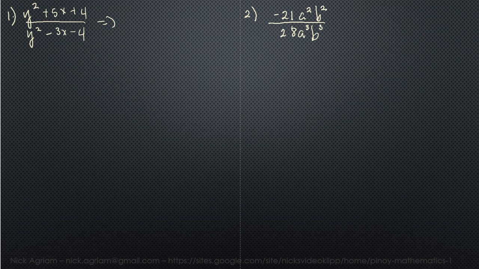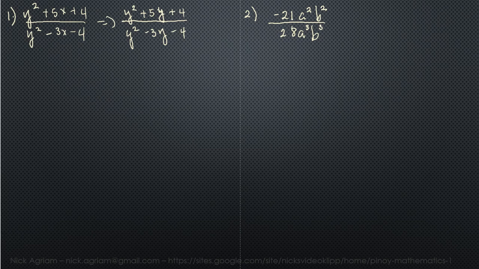I think this is a typo error, so I will write it so that all my expressions, all my variables are the same. So y squared plus 5y plus 4 divided by y squared minus 3y minus 4.